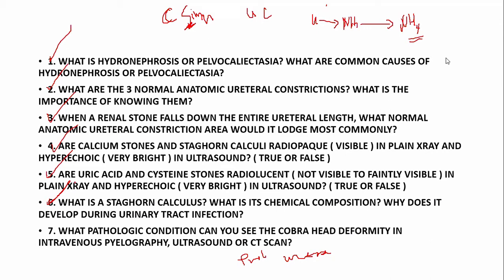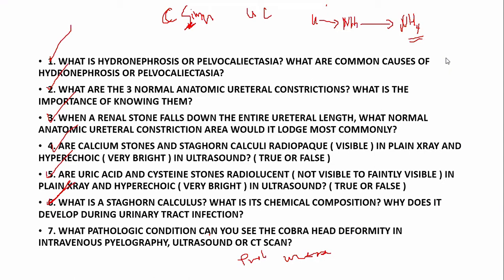Perfect ata. So, what pathologic condition can you see the cobra head deformity in intravenous pyelography, ultrasound, or CT scan? Ureterocele. Okay, very good. And if there is a ureterocele, there's a uretero-vesical reflux.